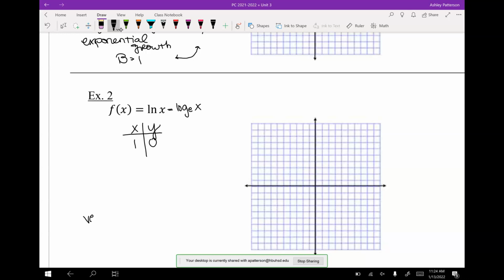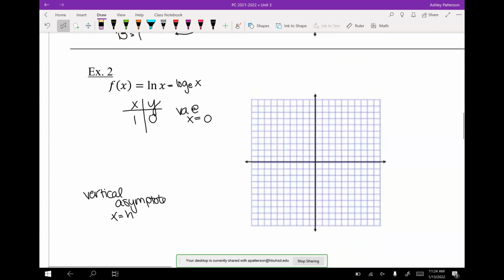So yes, logarithms have vertical asymptotes. Where are they located? At x equals h. Yes, good. So this particular logarithmic function has a vertical asymptote at x equals 0. Good.